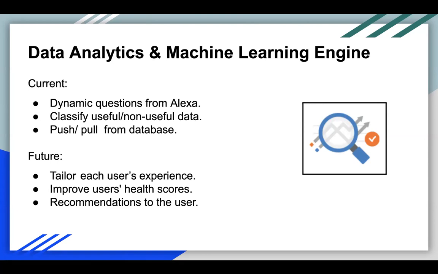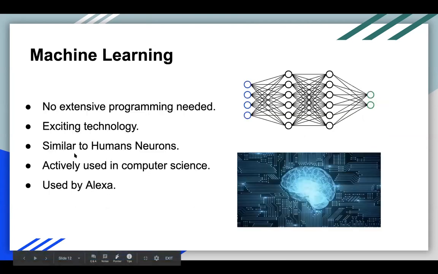Only relevant questions are asked, and that is determined by the user's history of responses. There is also the ability to classify important data and insignificant data among all the data that's been collected, and the ability to determine the user's health conditions by analyzing their response to each question. Fernando will go more in depth with this.